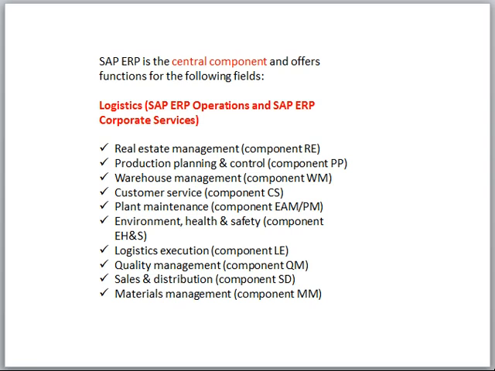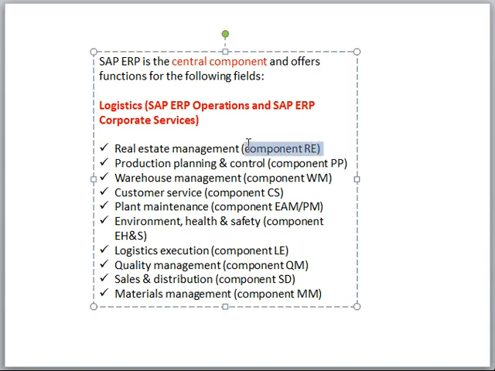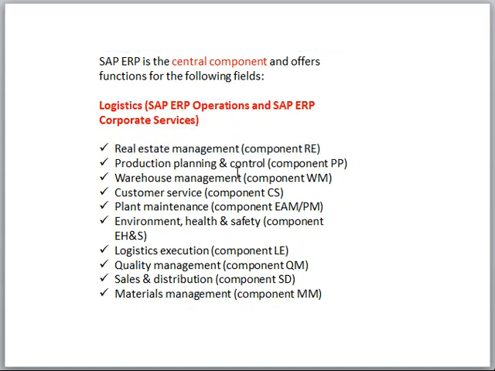SAP ERP is the central component. ERP means Enterprise Resource Planning. It is one of the central components and offers functions in the following fields. Now we can divide these functional modules here. Logistics: under logistics these are all covered. Real estate management, SAP RE. Production planning and control, SAP PP.